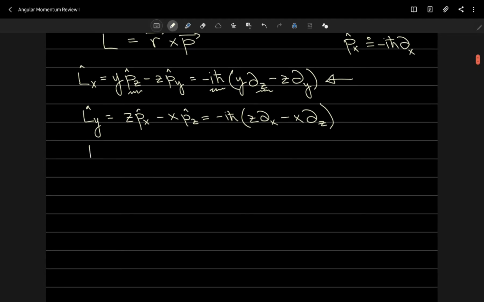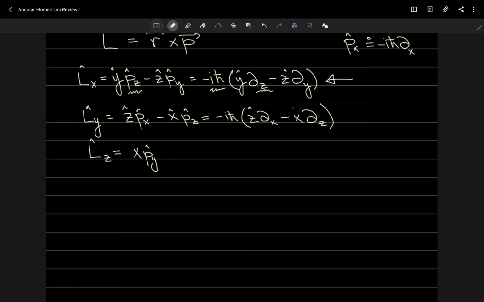And then we have the Lz operator as x py, and even these x, y, z, these are operators, right?